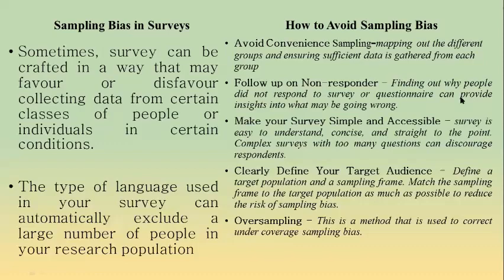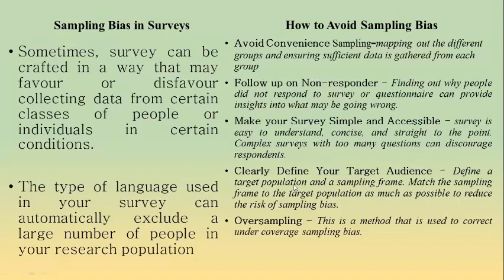Now, how can we avoid sampling bias? First of all, you have been hearing about convenience sampling a lot, so avoid convenience sampling. How can you avoid that? By clearly mapping out the different groups in your study population, and ensuring that you gather sufficient data from each group.